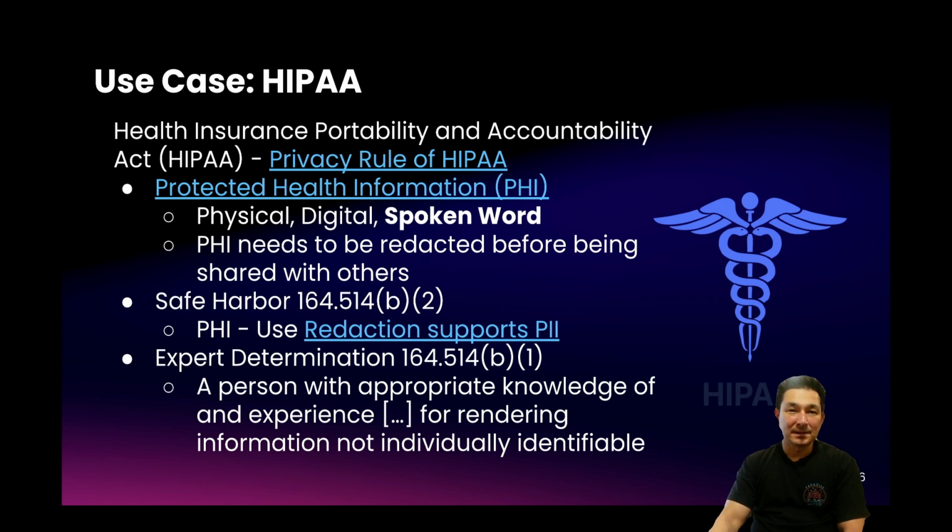And the second clause, dubbed expert determination, calls for the redaction of personal health information based on professional judgment. The formal definition is a person with appropriate knowledge of and experience for rendering information not individually identifiable.